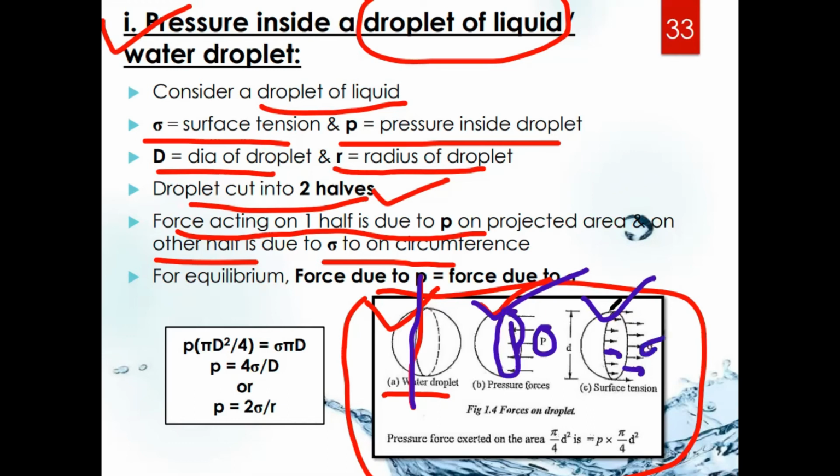Sigma will act only on this outer layer, whereas P will act on the entire projected area.